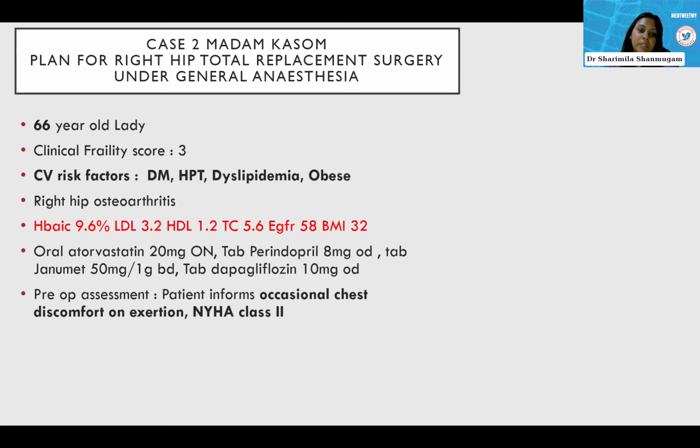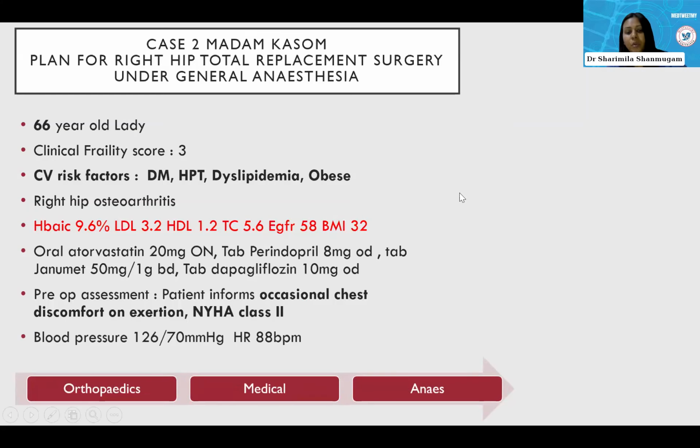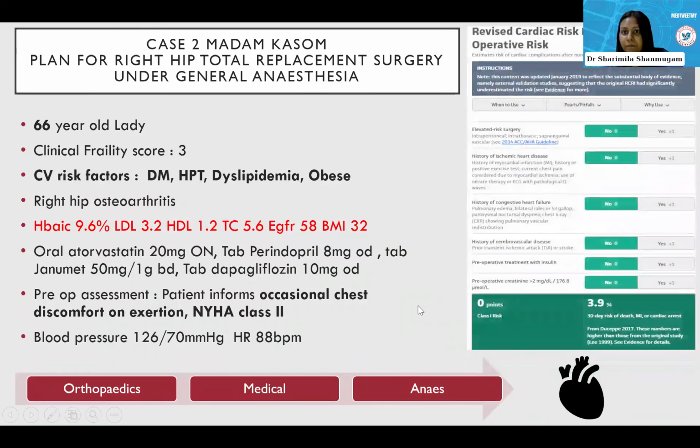So during the pre-op assessment by our anesthetic colleague, the patient informed of occasional chest discomfort on exertion, NYHA 2. Her blood pressure was all right. Heart rate is about 88. So from orthopedic, went to medical, and then went to the anesthetic team and was referred to us. So we quickly analyzed this patient and assessed her in the clinic.